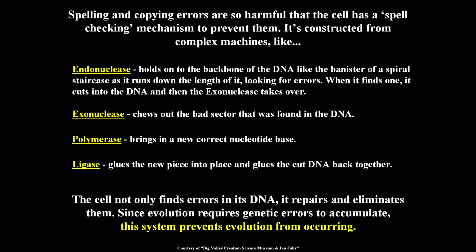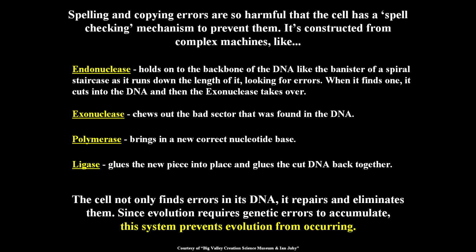It's constructed from complex machines like endonuclease, which holds on to the backbone of the DNA like a banister of a spiral staircase as it runs up and down the length of it looking for errors. When it finds one, it cuts into the DNA, and then exonuclease takes over. Exonuclease chews out the bad sector that was found in the DNA.